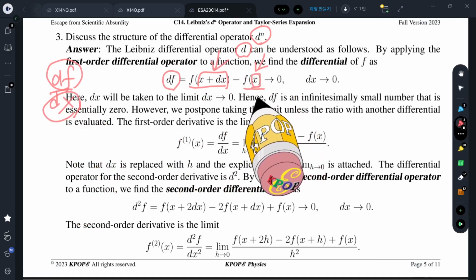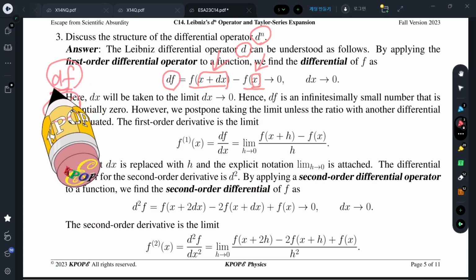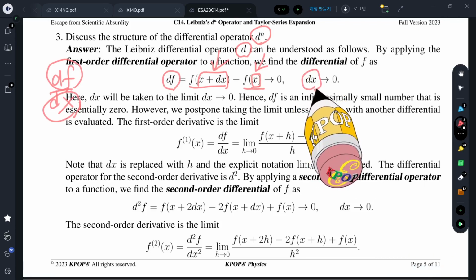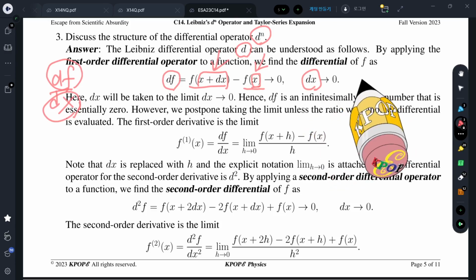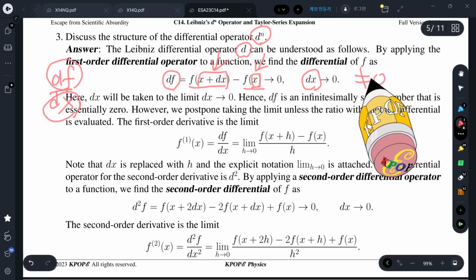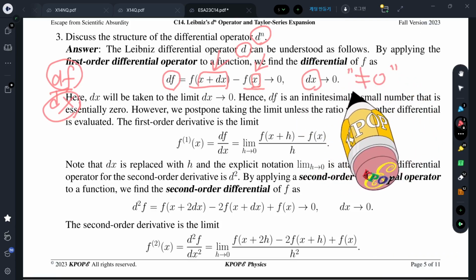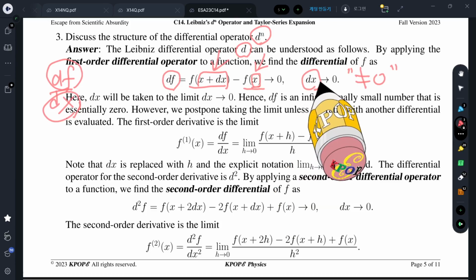In addition, as soon as I write operator d, dx means it is not finite. Instead, it is an infinitesimal. It approaches 0 even if it is not equal to 0. That's quite important. It can never be exactly 0. We don't touch the point at all, just approach the point.